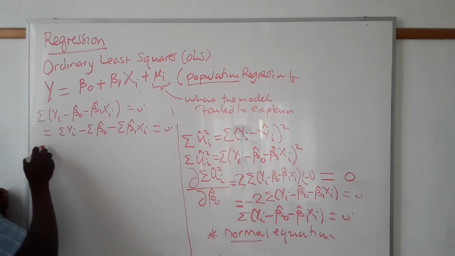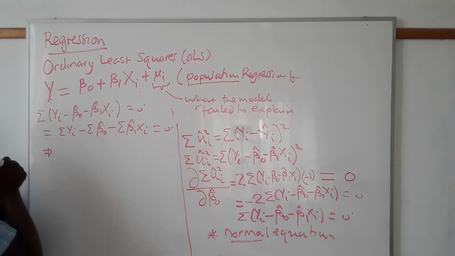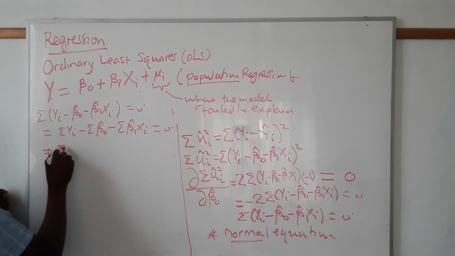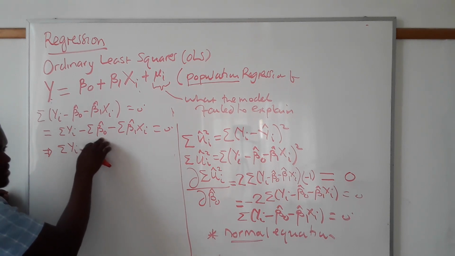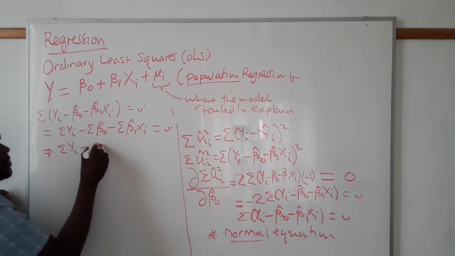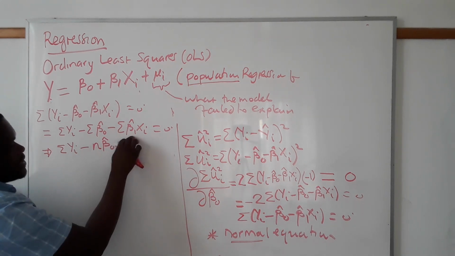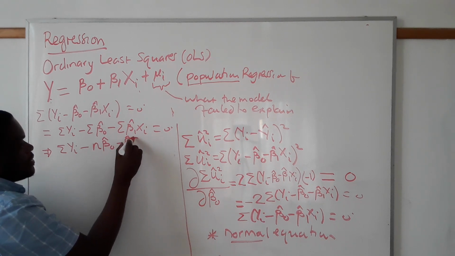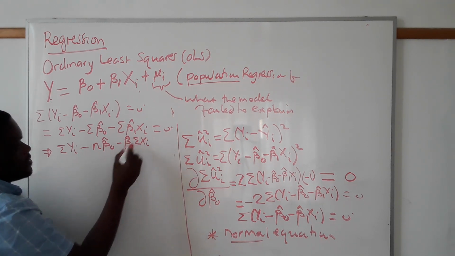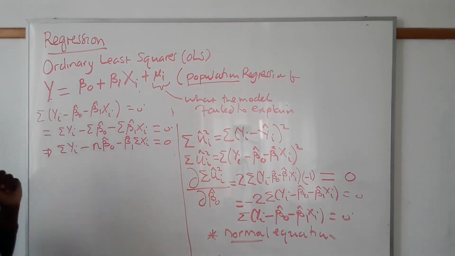So that means this entire expression is now the sum of yi minus n beta 0, since you are summing a constant n times, minus beta 1, where we take this constant outside the summation sign and leave the sum with x only, and we say this entire expression must be 0.